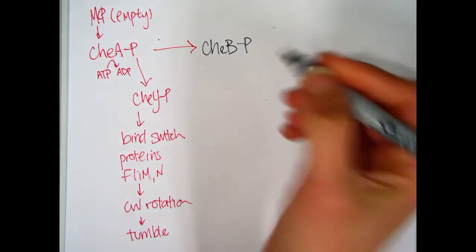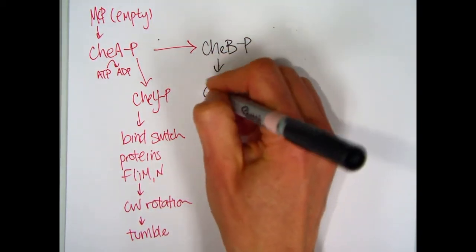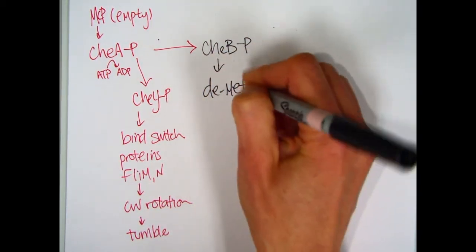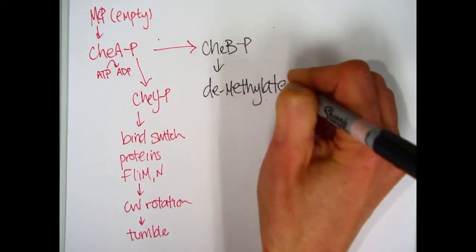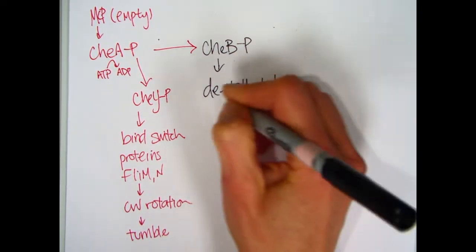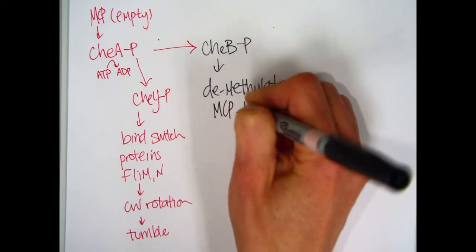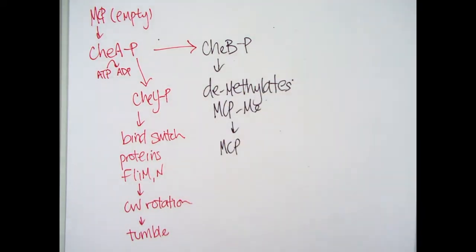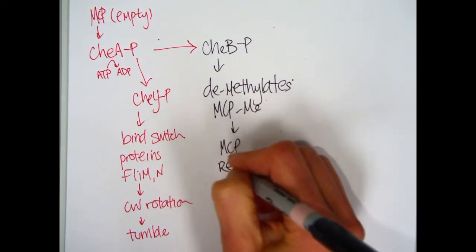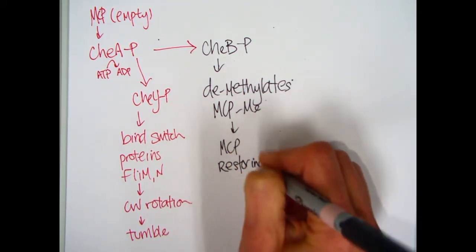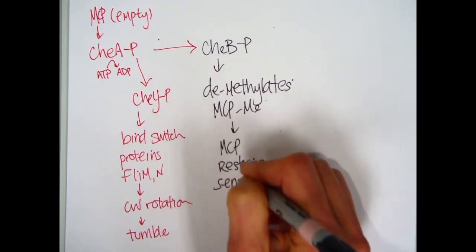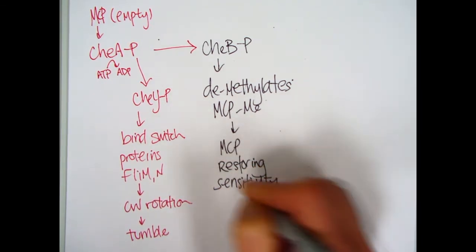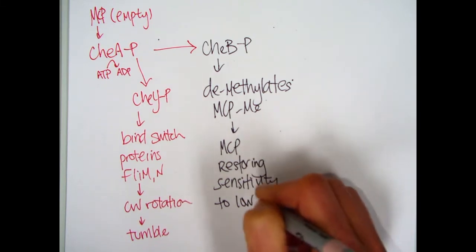The phosphorylated CheB demethylates the methylated MCP, giving us MCP lacking the methyl groups, and restoring the sensitivity to low amounts of attractant.